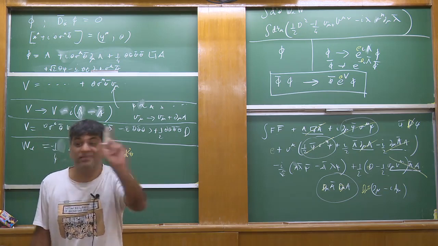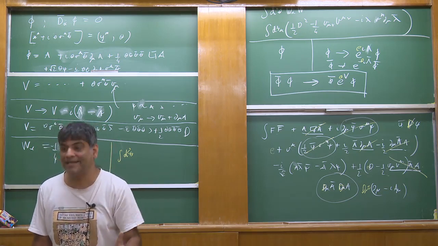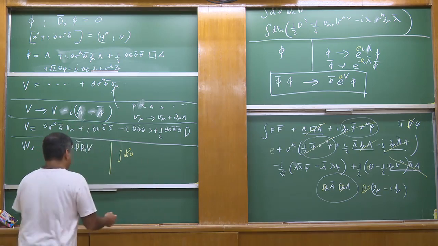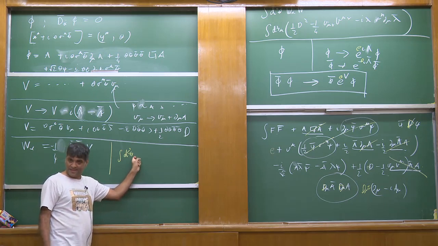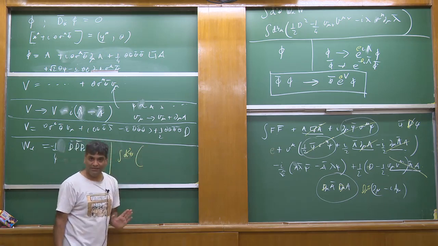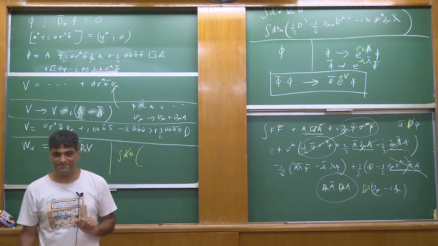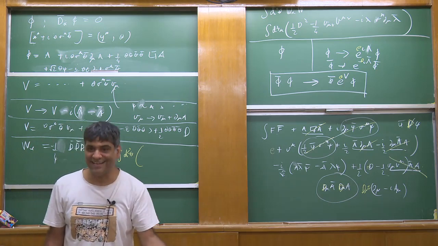We want zero derivative interactions. The only way of getting that from chiral multiplets is superpotentials. Superpotentials are integrations over half of superspace, and so the only thing you're allowed to put here to make the Lagrangian supersymmetric is a chiral superfield. Now phi is chiral, phi bar is not chiral, it's anti-chiral.